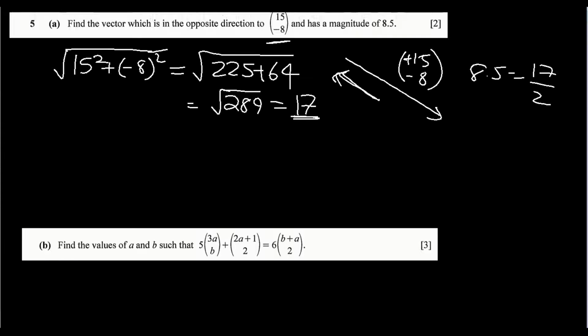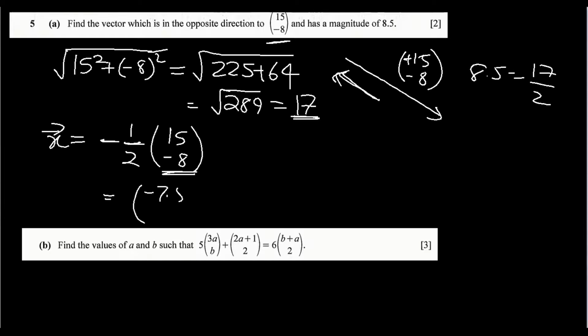That means the new vector, let's call it vector x, will be in the negative, opposite direction. That means negative of the original vector and half the magnitude, and we will write (15, -8) inside. This is the original vector. The new vector is in the opposite direction and half the magnitude, which will be negative 7.5 and 4. That's the vector.